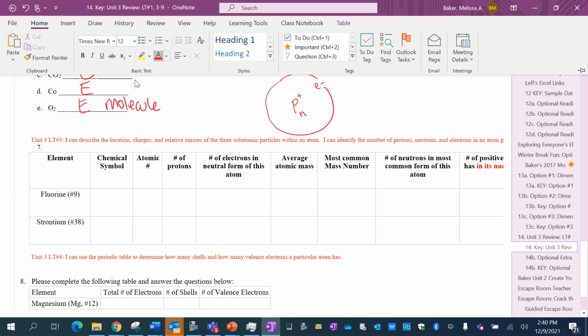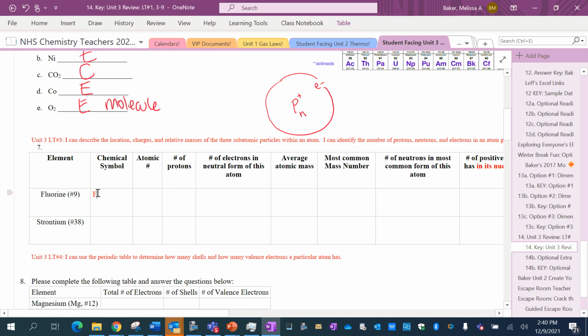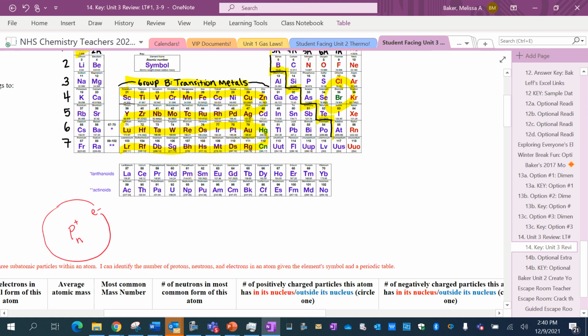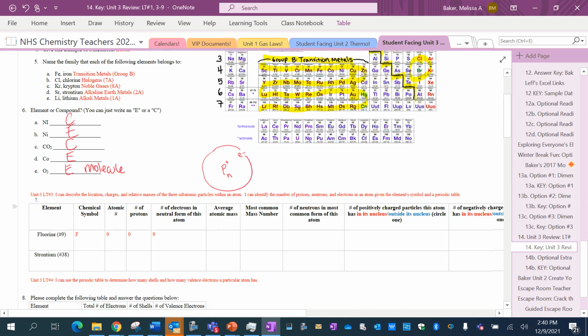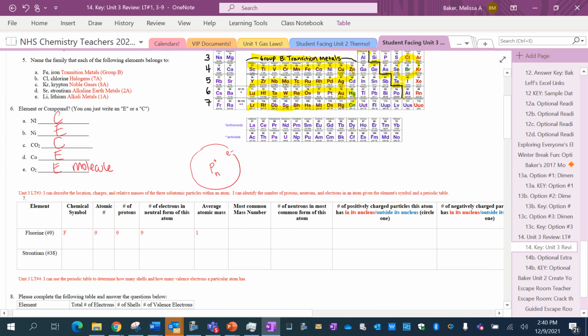Fluorine, we know, is chemical symbol F. And it says that it's number 9, which means that it has 9 protons and 9 electrons. That always matches in its neutral form. Average atomic mass, we've got to check it out. Fluorine is 18.998 according to this periodic table.